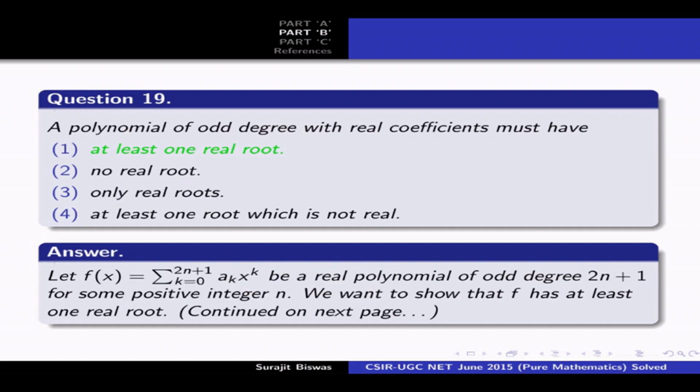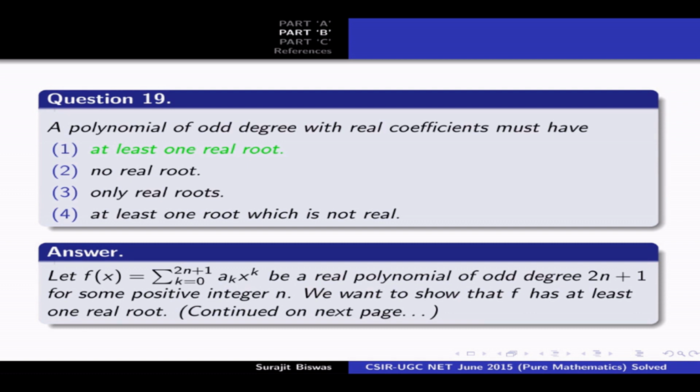Okay, the next problem is problem 19, which is: a polynomial of odd degree with real coefficients must have at least one real root, no real root, only real roots, or at least one root which is not real.